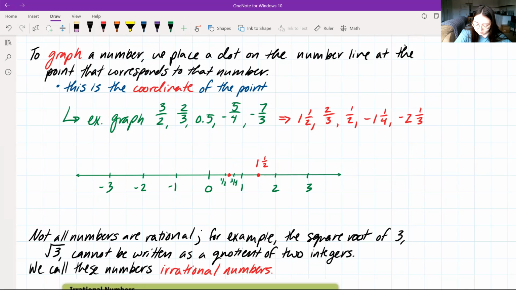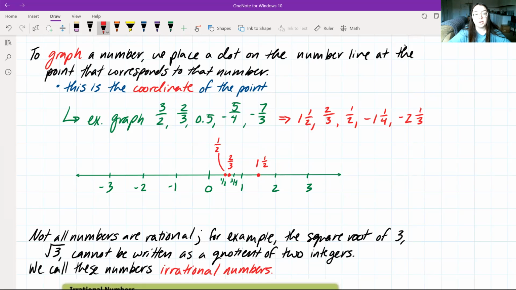And this is 2/3. Now we also have the value of 1/2. And we see that 1/2 and 2/3 are going to be fairly close together. So here, this is 1/2.